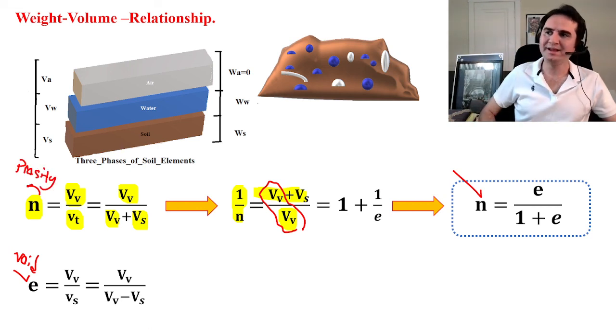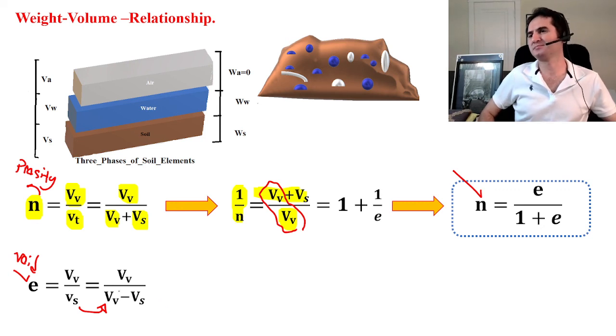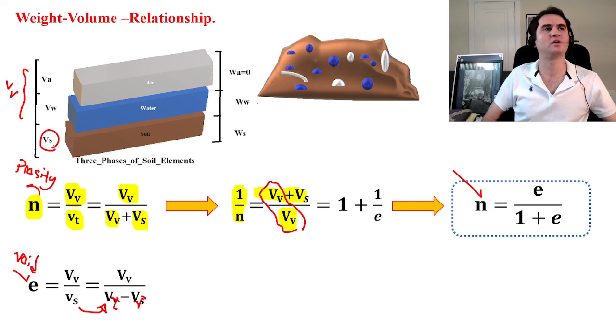Likewise, if you do that for void ratio, that's Vv over Vs, volume of void over volume of soil. My bad, that's V, total volume. You can expand the denominator, and that's volume of total minus volume of void, because volume of total minus volume of void just gives volume of soil.